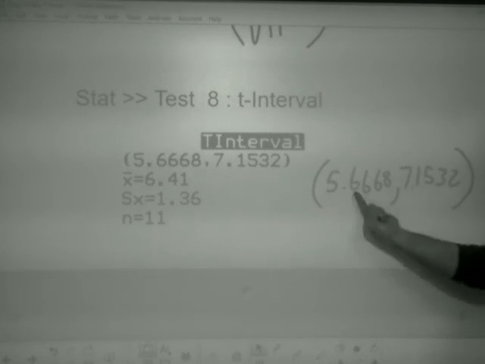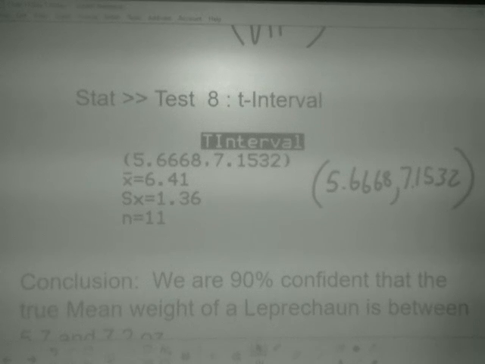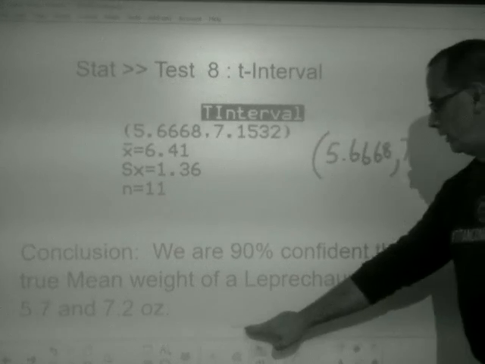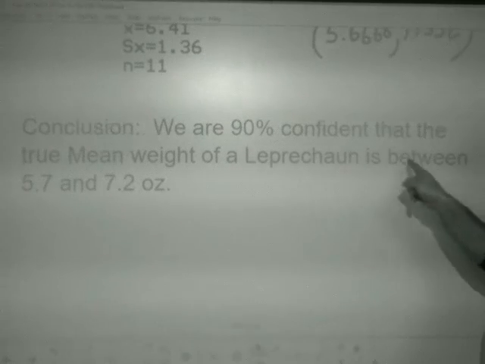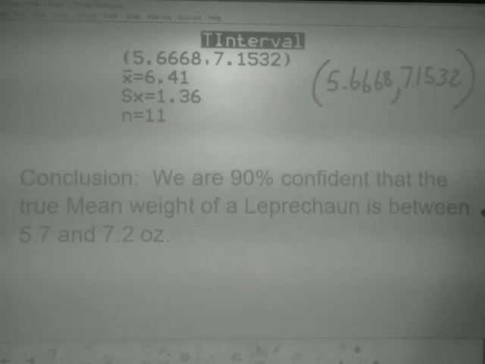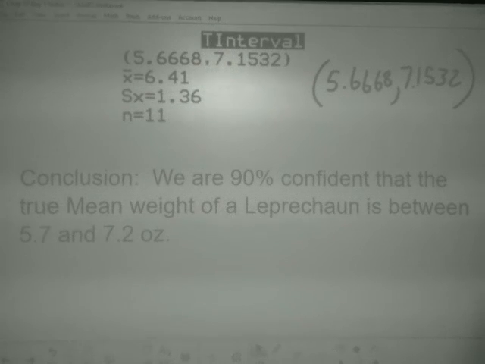But these are not percentages, these are ounces that the leprechaun weighs. So we state that we are 90% confident that the true mean weight of a leprechaun is between, and I rounded these two values to one decimal, 5.7 and 7.2 ounces. That's a confidence interval. Just remember, these are not percentages, these are actual numerical values, in this case, weights of a leprechaun.